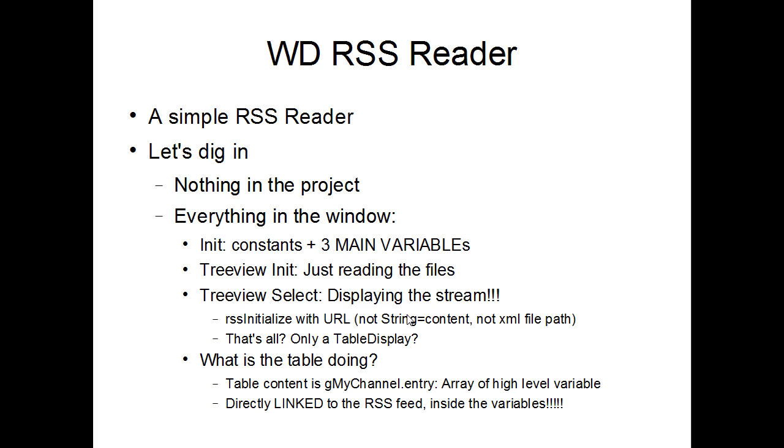Now, we also know that there must be something happening when selecting a line. And if you saw earlier when we are looking at the code of the table, it's a function called display entry. And now we're going to have a look at what it takes to display the whole content of one line of a feed.